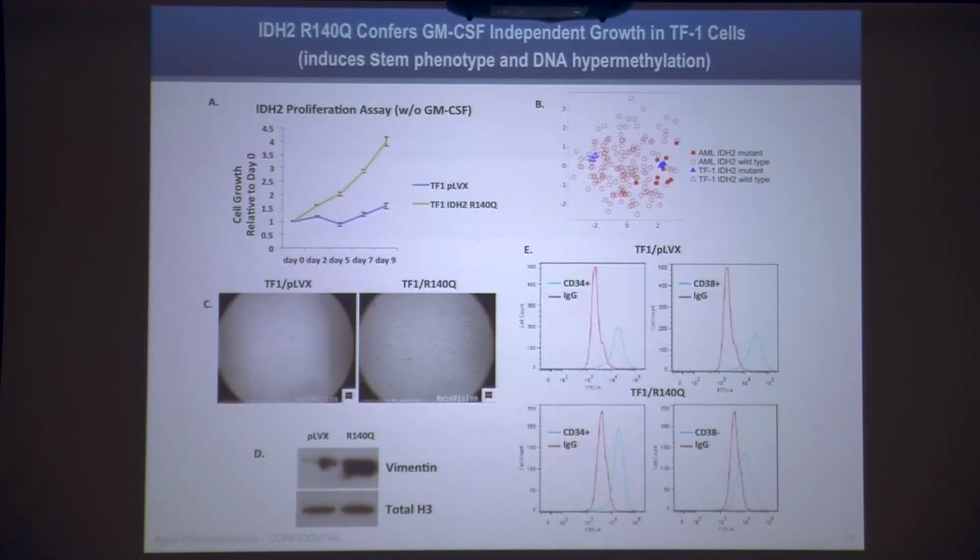So the first thing we noticed, and I always joke around about this, is that the cells' morphology was different. And why is it different? Normally, TF1 cells float in a dish, and they don't sit down on the plate. But when we express the mutant enzyme, and Kaiko Kuni, who is actually here, I think she is the one who first noticed this when she was trying to expand these cells so we could do some experiments.